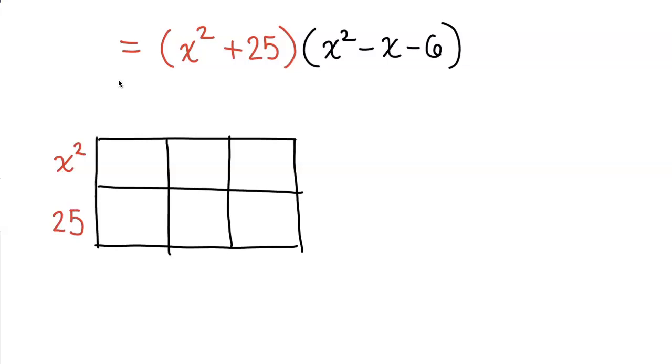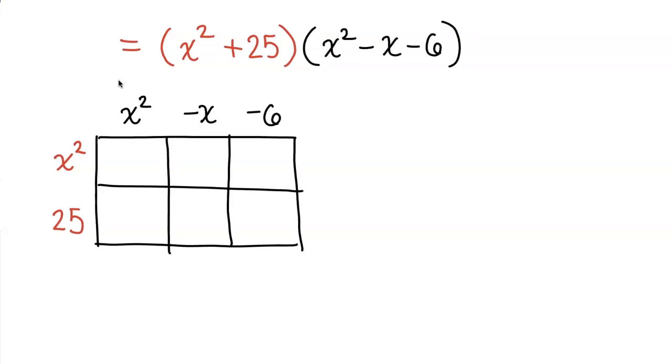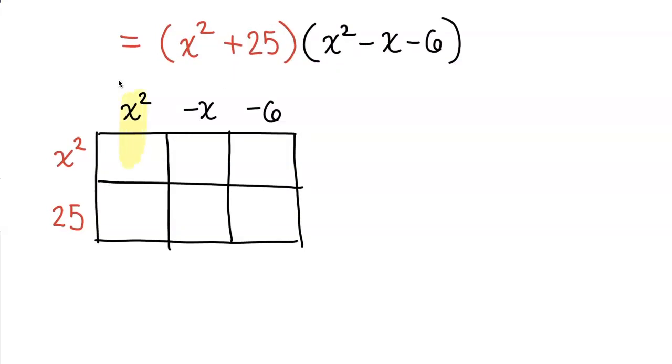Okay, now on top of these squares, let me write x squared minus x and minus 6. And in the first box right here, I am multiplying x squared by x squared. And that will give us x to the 4th power.